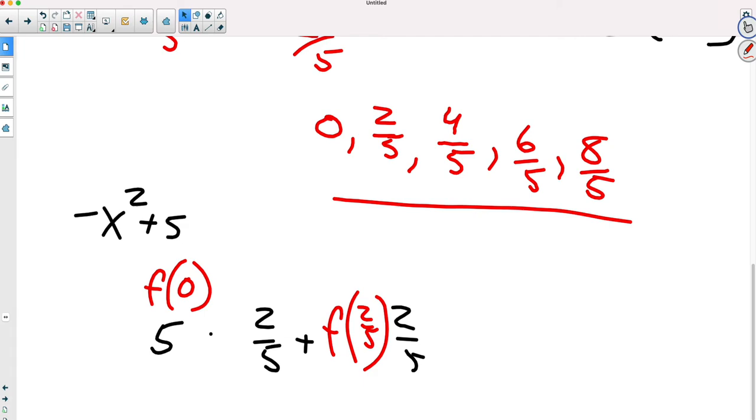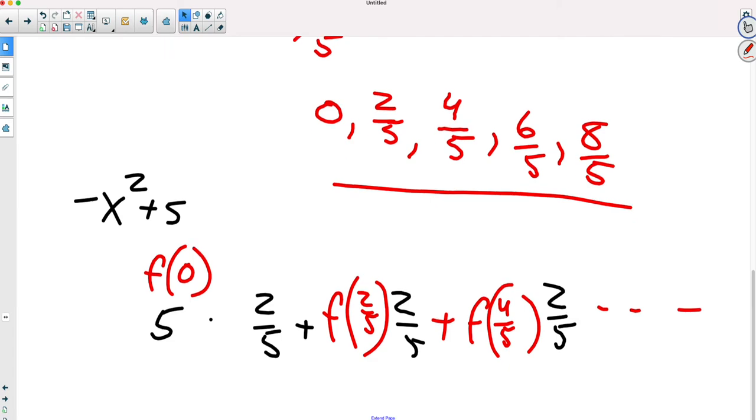Do you see why I'm calling it f of 0? If you put a 0 in here, that's going to give you the height. If I put 2/5 into here, that's going to give you the height of that one. Plus, what's the next one? f of 4/5 times 2/5. And so on. I'm just going to put some dots here, because at some point we're going to add, and I don't need to write all of them down. Do you guys see what I'm getting at here?